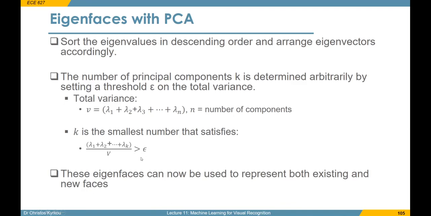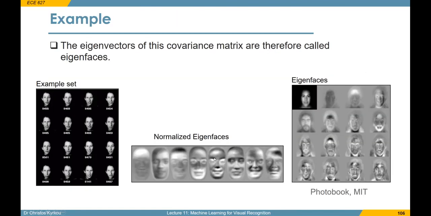So these k eigenfaces can be used to represent the existing faces in our data set, as well as new faces. The eigenvectors of this matrix are where the eigenfaces name comes from. And you can see here some illustrative examples.